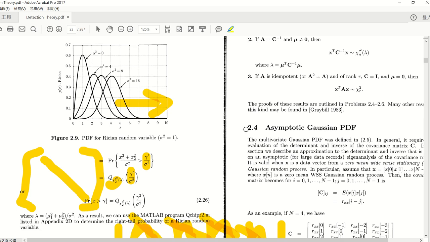Okay, and for 2.4, we are going to skip this. For anything that is skipped, it will not be in the homework, and we're not going to do it in the exam, so don't worry about it.